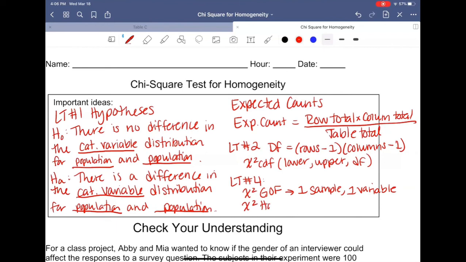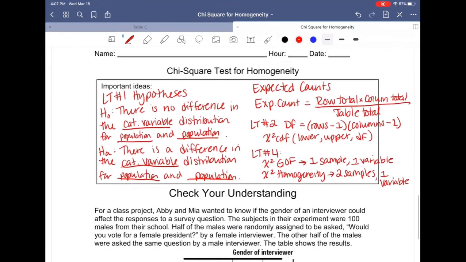A chi-square test for homogeneity has two samples, but also one variable. In this case, we had two samples of gummy bears, and we were analyzing the color for both of them. Whereas in the previous lesson, we had one sample of M&Ms, and we were analyzing the color for that.